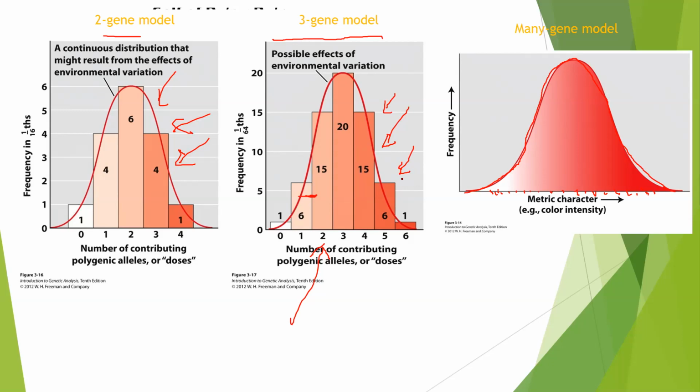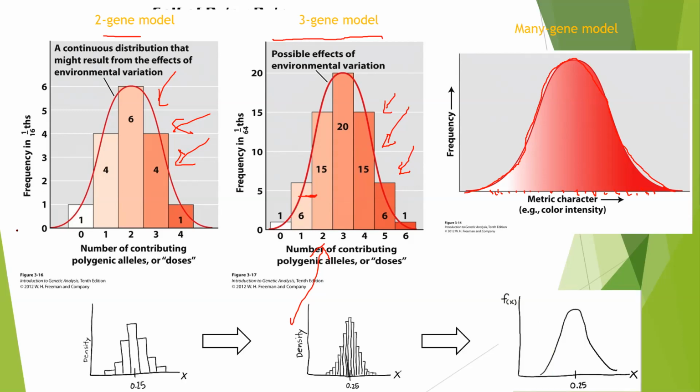Quantitative or complex traits means that the trait is controlled by many genes. I hope this is clear to everybody. If very few genes are controlling a phenotype, it's easy to get a categorical distribution. However, if the situation becomes more and more complicated, we're going to end up with a continuous distribution, quantitative traits.